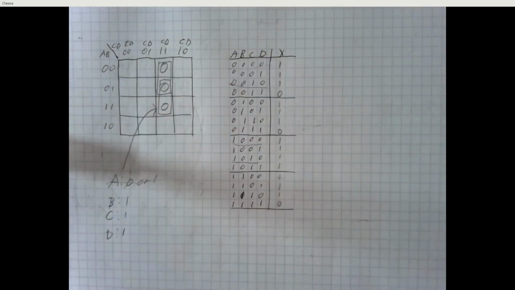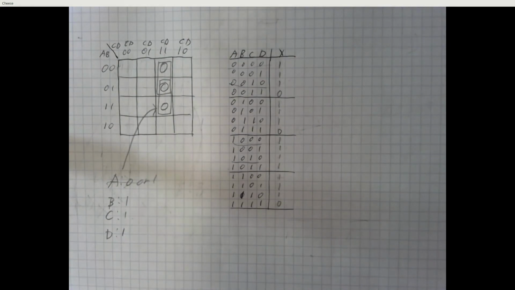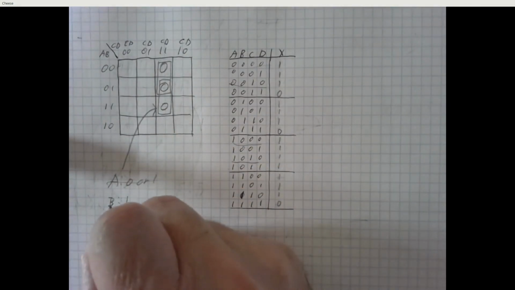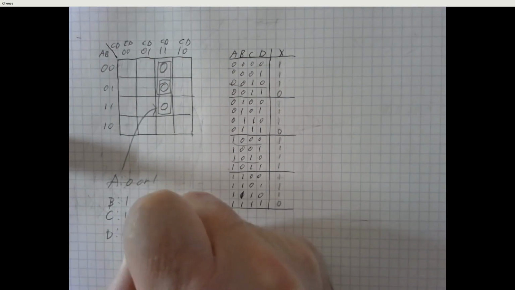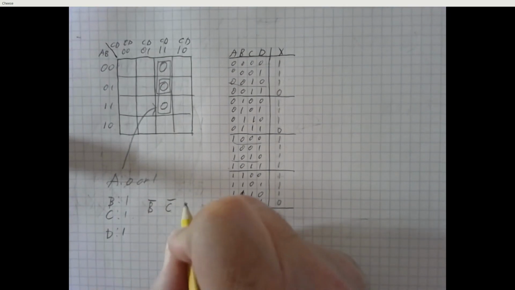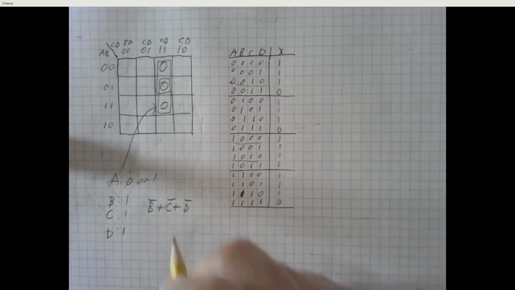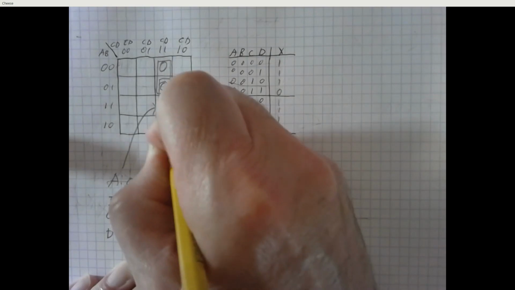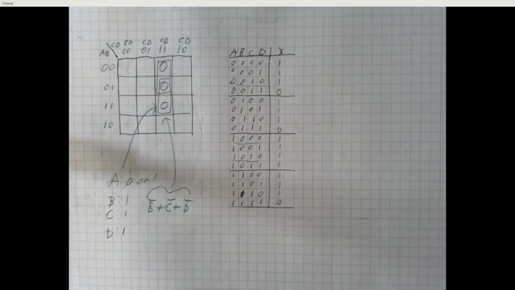So this rectangle corresponds to B, C, and D each have to be 1. Okay, and we use the rules that we wrote when we were writing max terms earlier. So to write the sum term corresponding to this, we write down our variable with a bar over it if it's equal to 1, and we OR them together. So this rectangle is the term B bar or C bar or D bar.